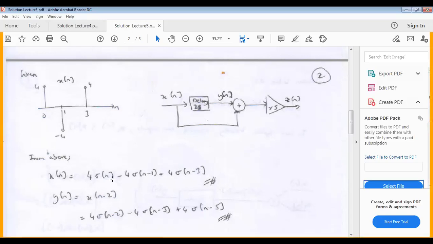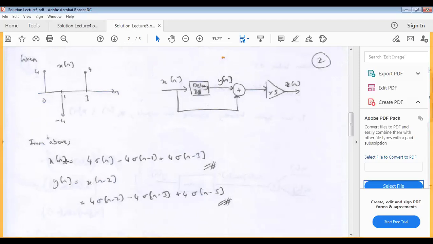And for y[n], knowing that y[n] is the output of a delay box here, delayed by 2 seconds means that y[n] is x[n-2]. So it is the same as delaying these values here.